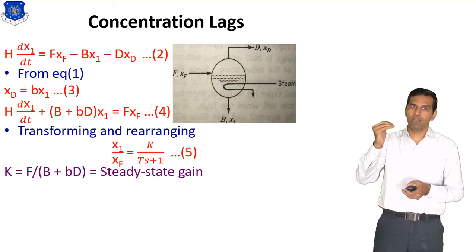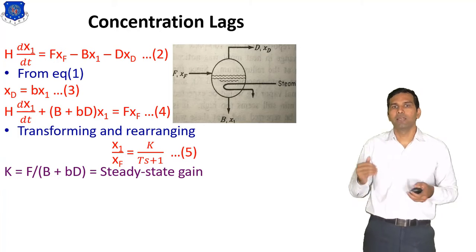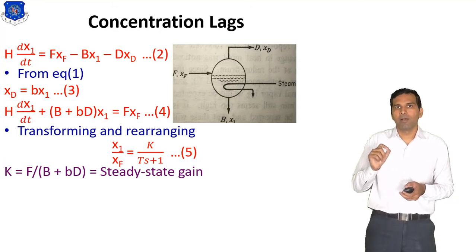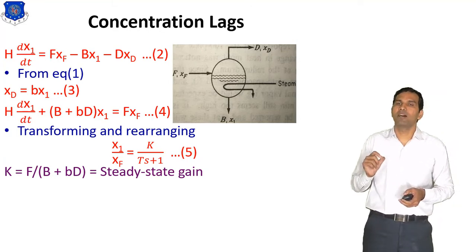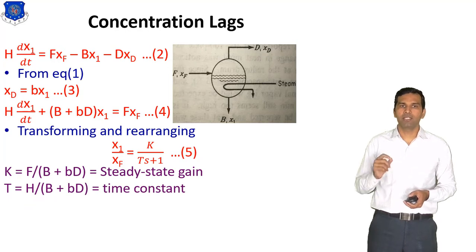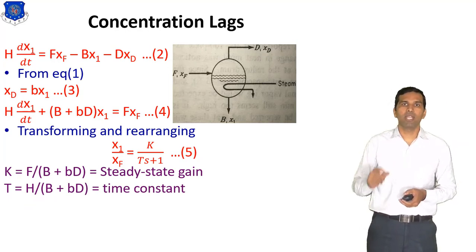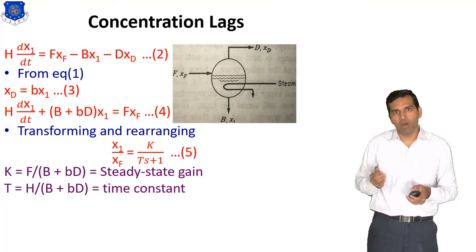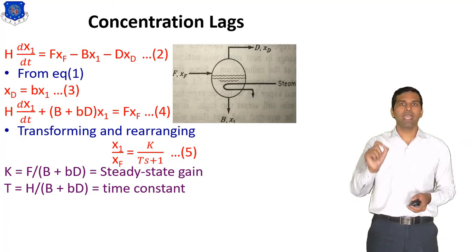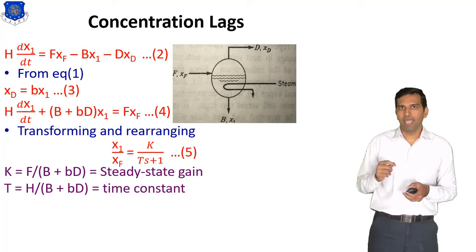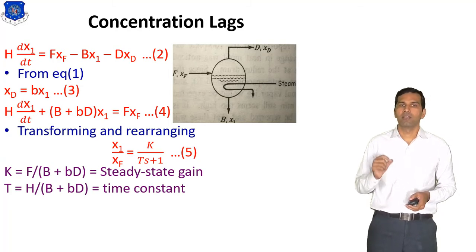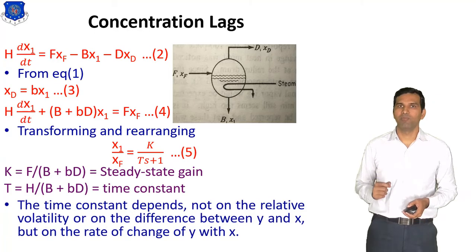Here K indicates the steady state gain, K equals F/(B plus bD), and T indicates the time constant, T equals H/(B plus bD).